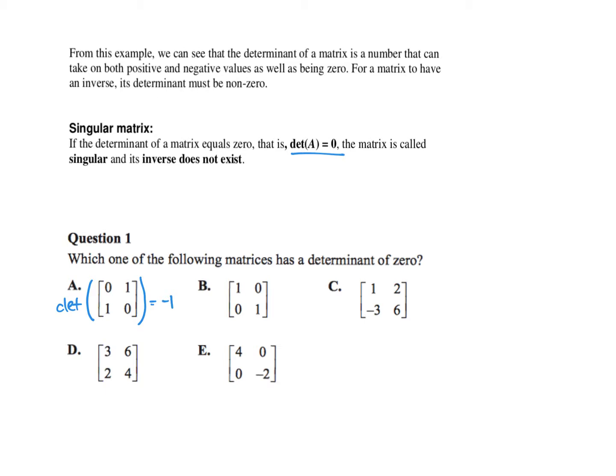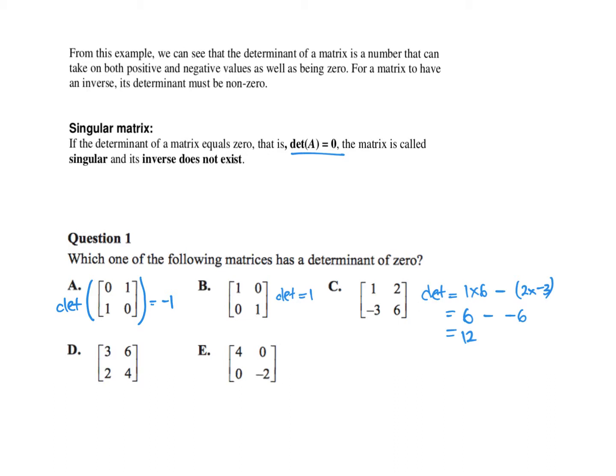This one's determinant would be 1 minus 0, so it equals 1. This one, careful, is 1 times 6 minus 2 times -3. Remember, what's a minus take away a minus? Plus. So that one's determinant is 12.